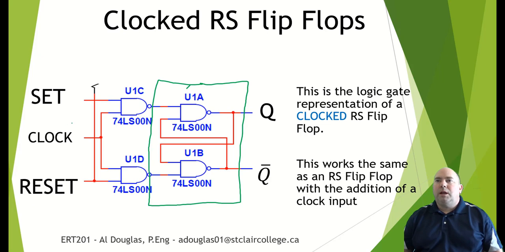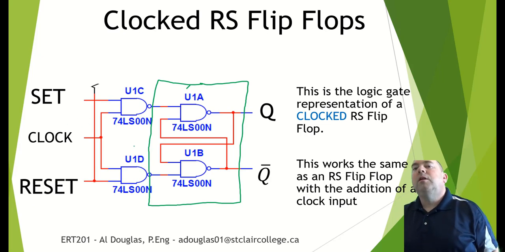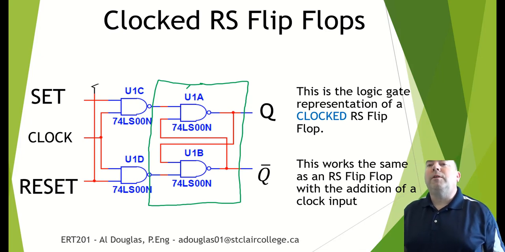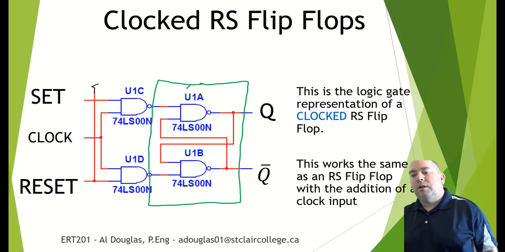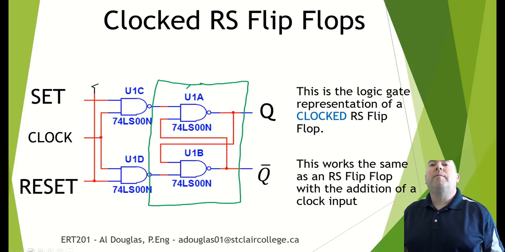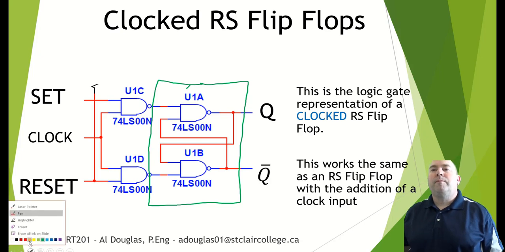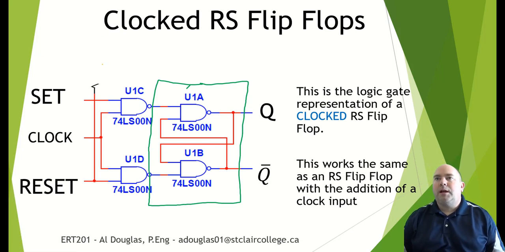So what we're adding now is this stuff over here, to the left of that. Let me grab another different color. So we're adding this portion here. And we call this a clock.